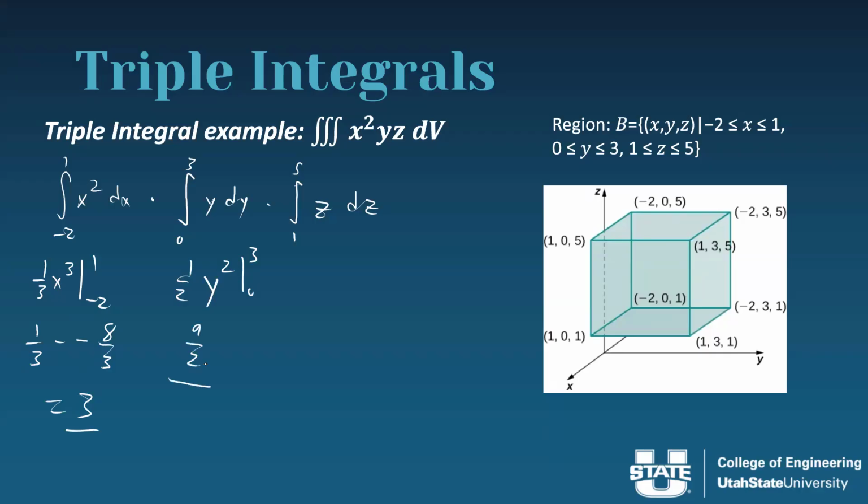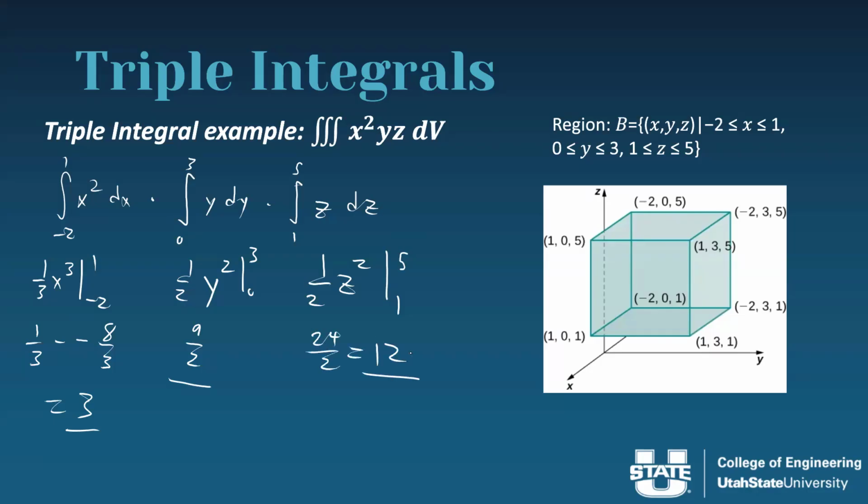And then 1/2 z squared evaluated from 1 to 5, which is 25 halves minus 1/2 equals 24 over 2 equals 12.